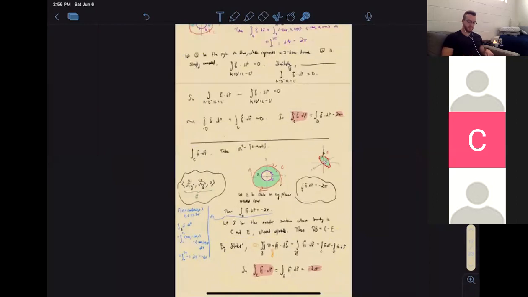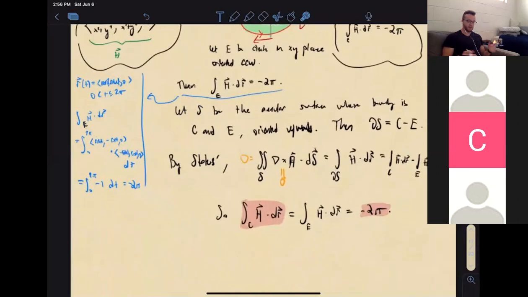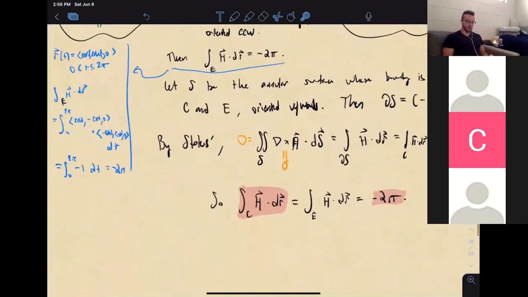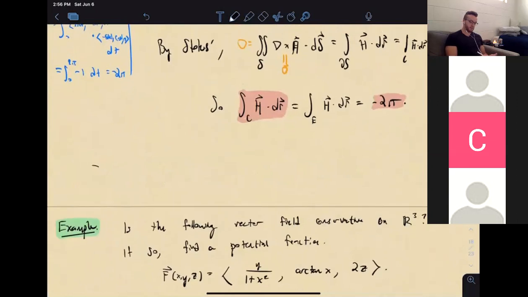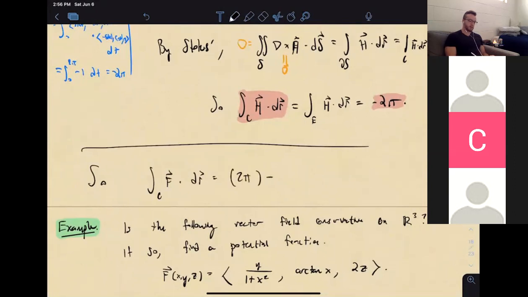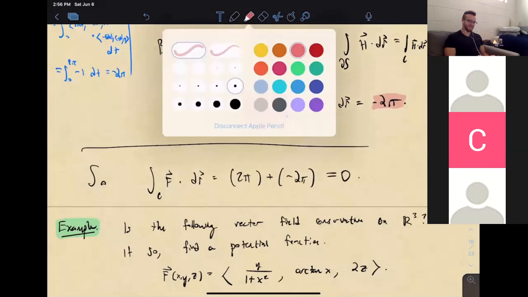That's what I was talking about. Anyway, so the integral of h is negative 2 pi, the integral of g is 2 pi, so the integral of f, to finish this off finally, is 2 pi plus negative 2 pi, which is 0. Done.